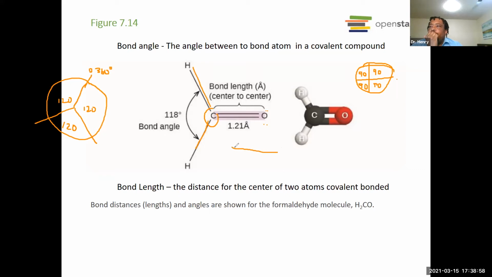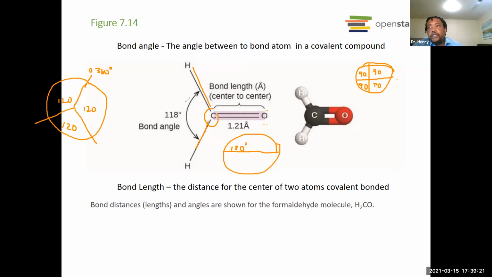And then if we break a circle up into halves, what is the angle of that one? 180. Okay.